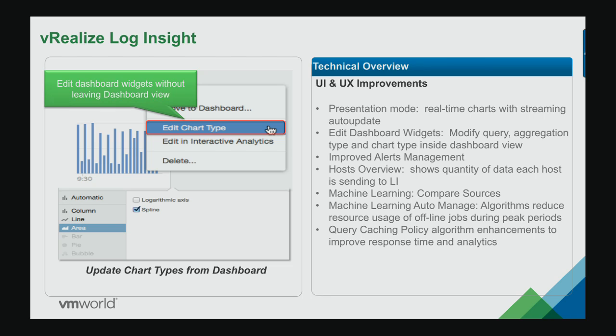We also introduced agents. On the Windows side, initially we had to leverage third-party tools to bring in things like Windows events and Windows logs, but we introduced our own LogInsight agent, which we can manage better and which gives you flexibility in configuring those agents across your environment.